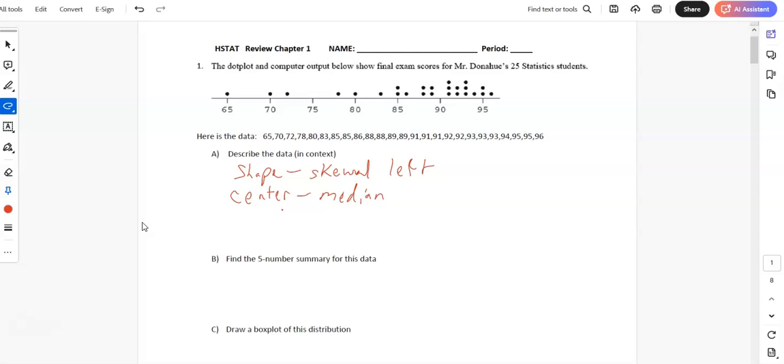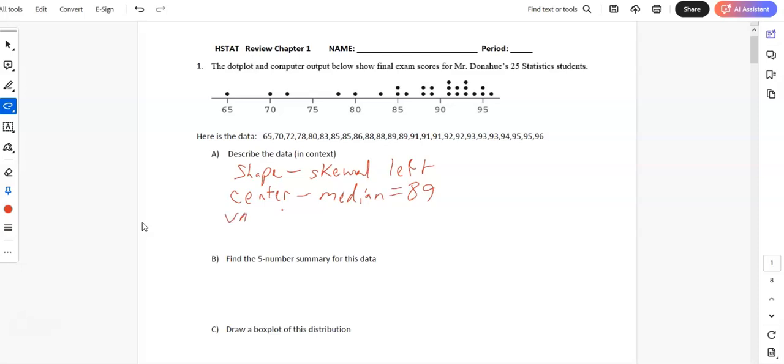So the 13th student from either left or right is going to be an 89, I believe. Let me double check that. 1, 2, 3, 4, 5, 6, 7, 8, 9, 10, 11, 12, 13. The 13th student is that.